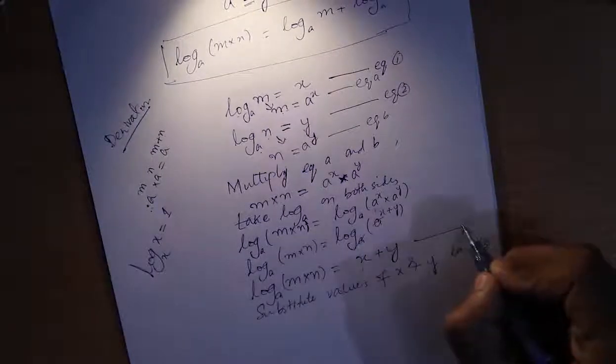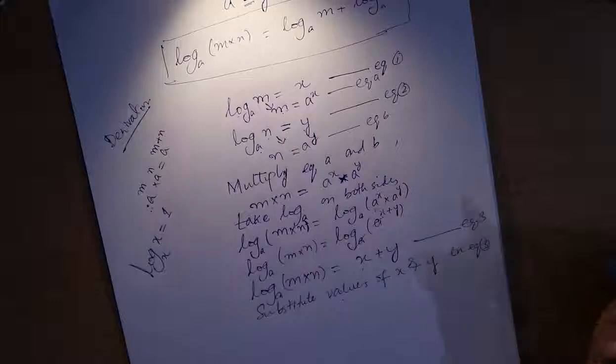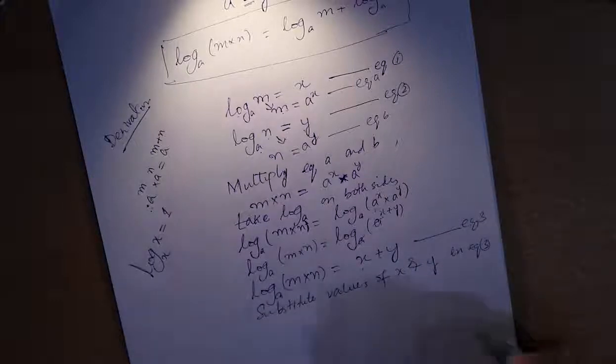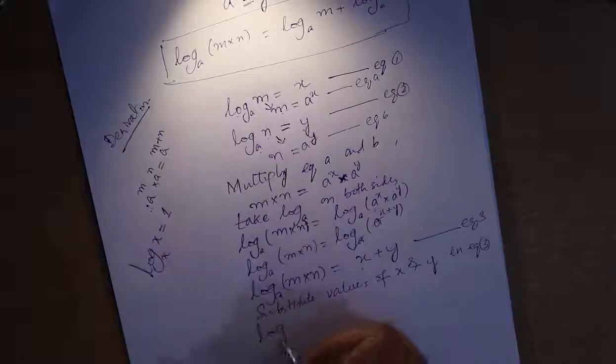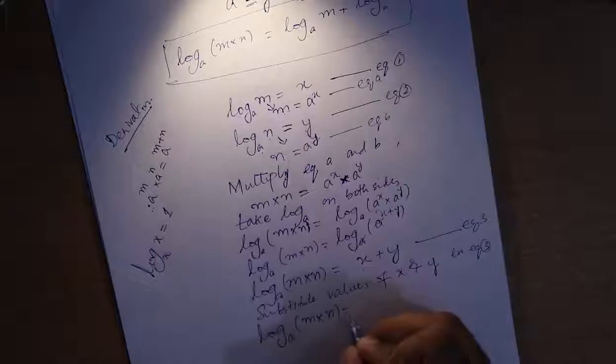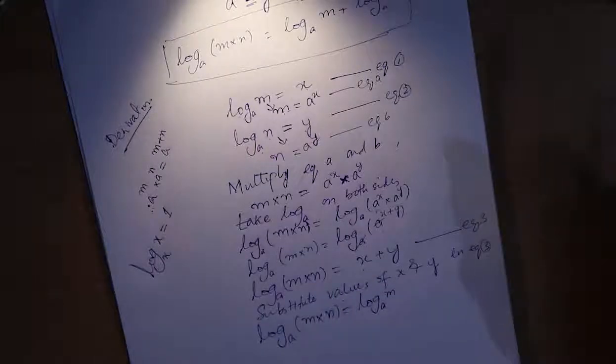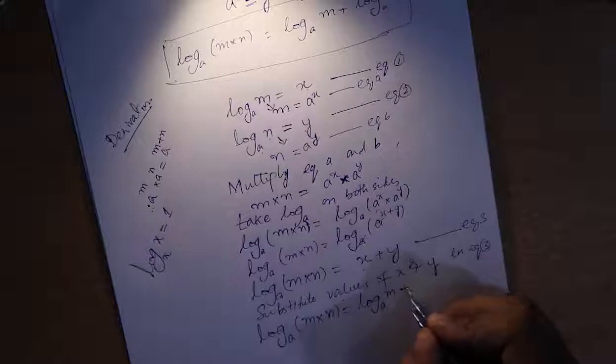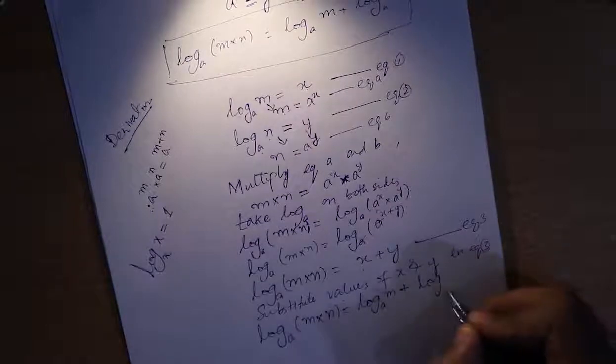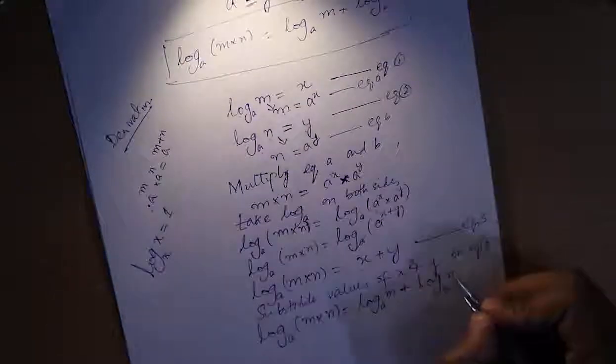So here it is, our equation 3. We will simply substitute these values in equation number 3. So our equation will become log of m into n on base a equals log of m on base a, since x is the log of m, and we just add to it the log of n on base a.